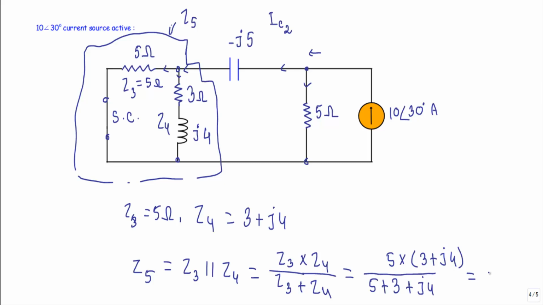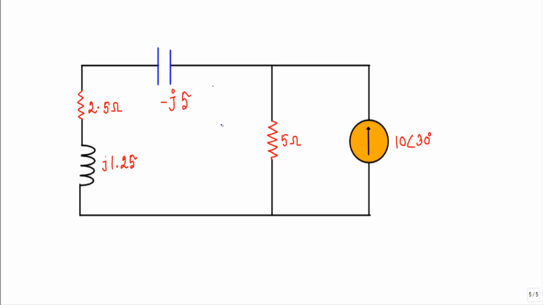This will be equal to 2.5 plus J1.25. This indicates that Z5 will have a resistive value of 2.5 and inductive reactance of 1.25. So our new circuit will look like this. See, this is our Z5. This is the resistive portion of Z5. This is the inductive portion of Z5.